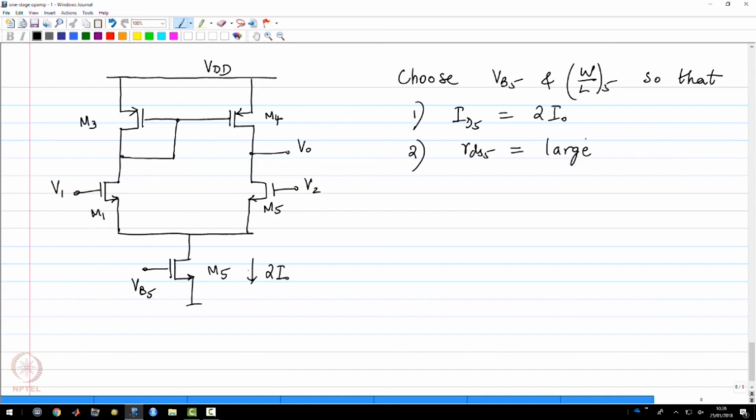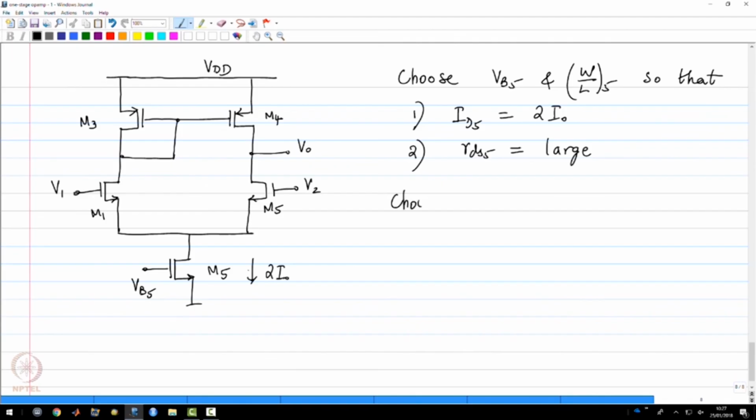So these are the two conditions we are going to use while choosing VB5 and W over L5. There is one more condition that needs to be applied, because clearly you have three variables, VB5, W5 and L5. There are three independent variables that can be chosen. We will study the third condition when we look at this op amp in a little bit more detail. But these are the two conditions as of now.